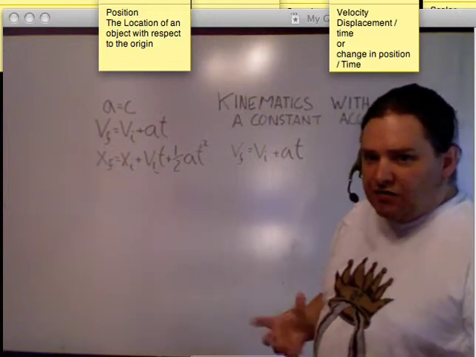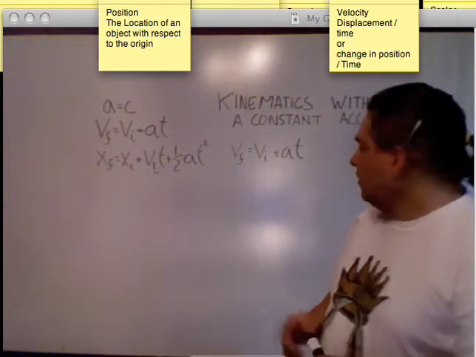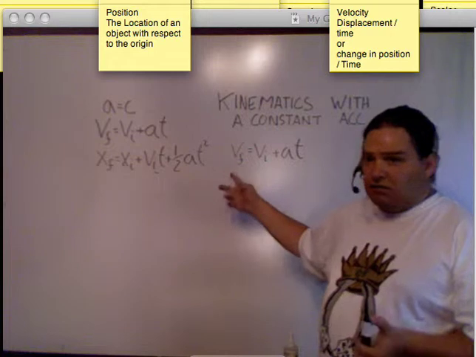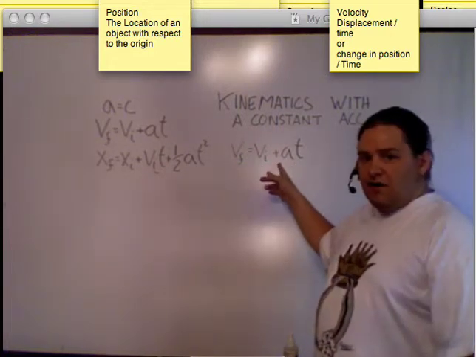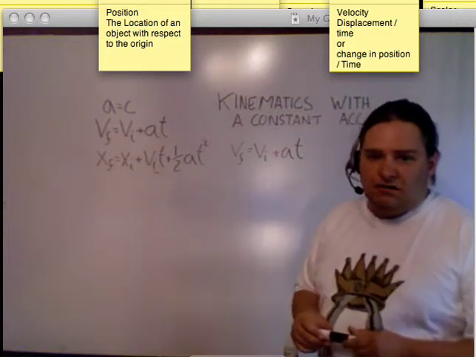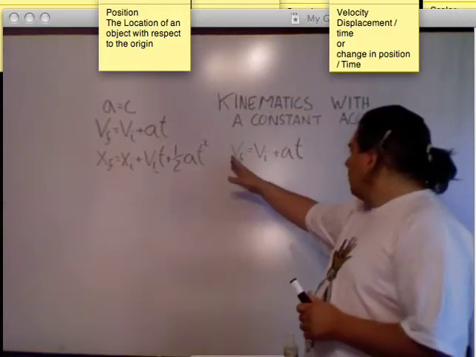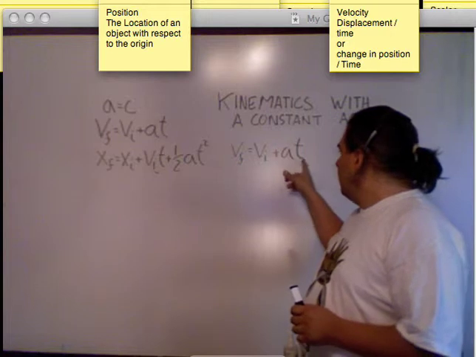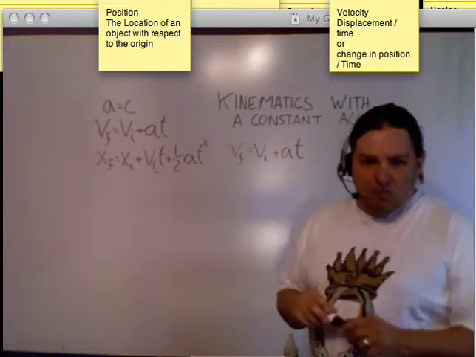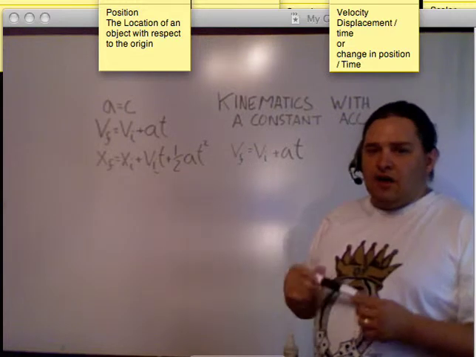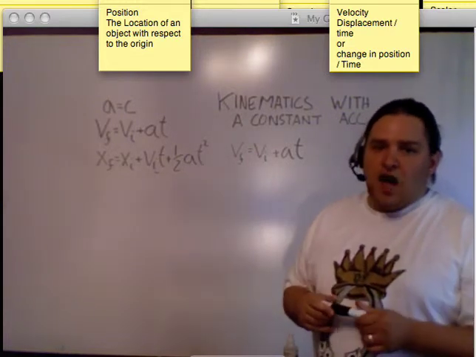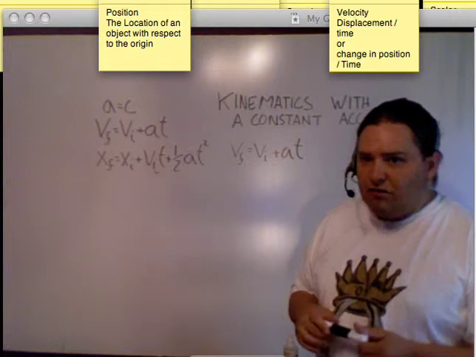Now inside those terms there may be variables. V final is a variable, V initial is a variable, acceleration is a variable, and time is a variable. So I have a total of 3 terms, but 4 variables. Okay? So step 1, isolate the term that has the variable you're trying to solve for.